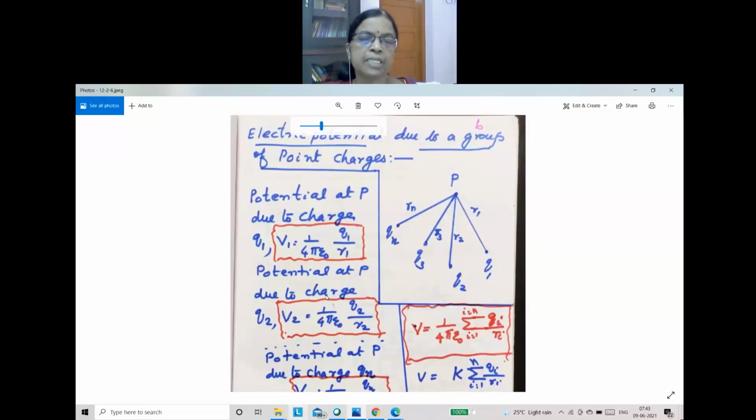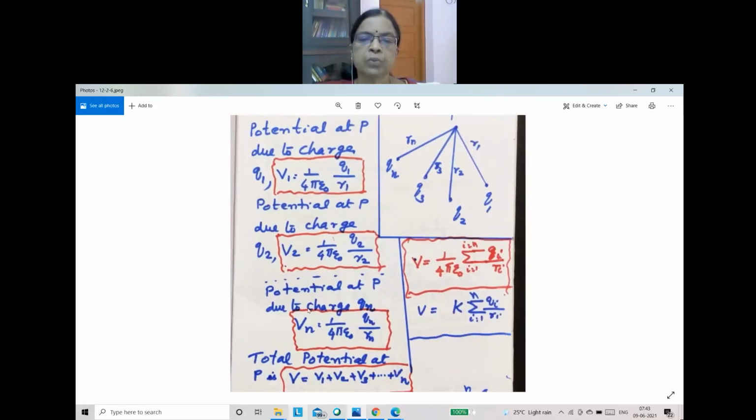Electrostatic force is a vector quantity. But flux is a scalar quantity, and potential is a scalar quantity. Torque is a vector, a cross product, P cross E, P sin theta.